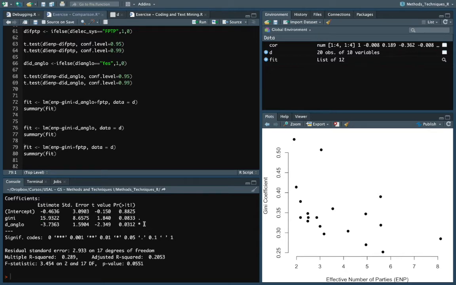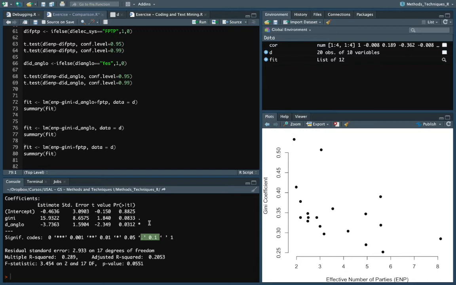So we are estimating that the effect of being Anglo-Saxon decreases around 3.7 parties just for being Anglo-Saxon. And this is statistically significant at 95% of confidence. It's the same as the t-test, but here it makes the test for all variables. The Gini is not significant because it's just 90%. We use as a reference in social sciences 95% of confidence as the threshold for accepting or not accepting a null hypothesis.